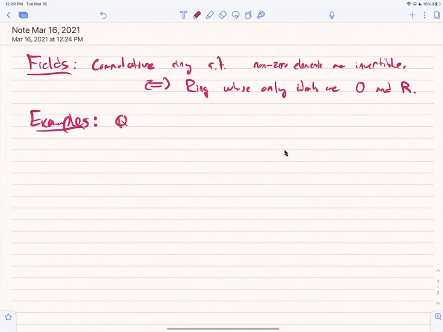So the classical examples that you start out with as a child are the rational numbers and the real numbers. Then you get a little bit older and you learn about the complex numbers, which are not so far from the real numbers. What are some other examples of fields?